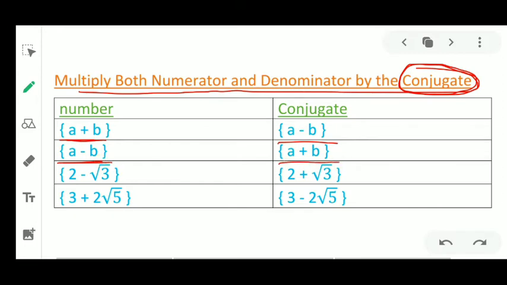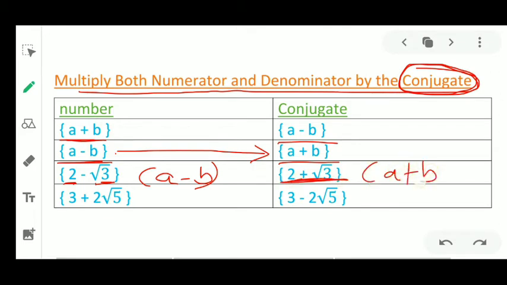Here if you consider 2 as a and root 3 as b, then the number is in the form of a minus b. Clear? Now, as you know, the conjugate of a minus b is a plus b. So that's why the conjugate of 2 minus root 3 is 2 plus root 3, that is in the form of a plus b. Clear?